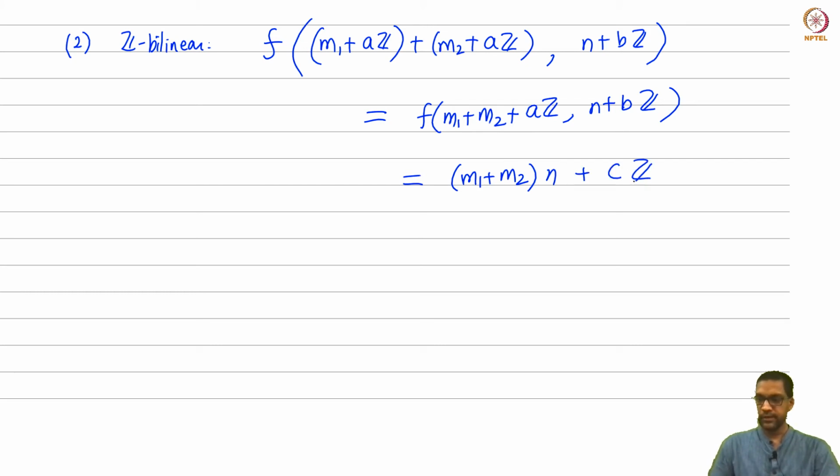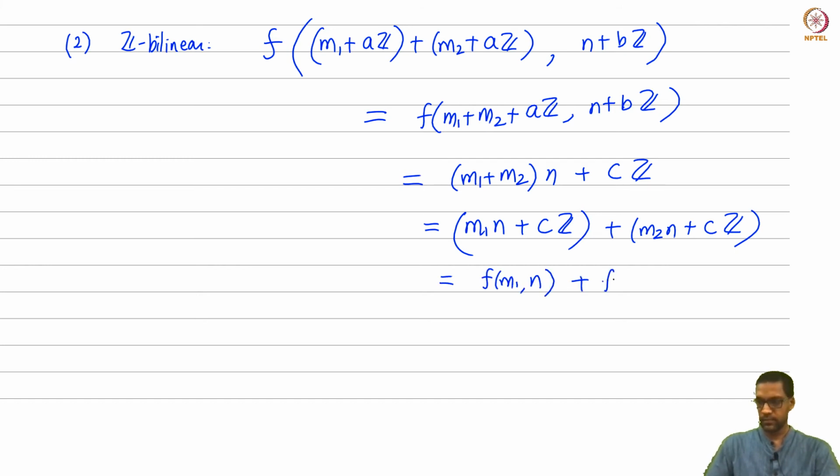But observe that's the same answer as m1n plus cz plus... So it splits into two pieces. So that's exactly f of m1n. So it's linear in the first variable.